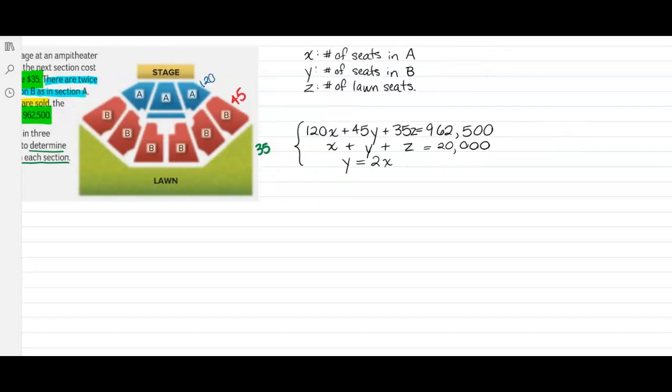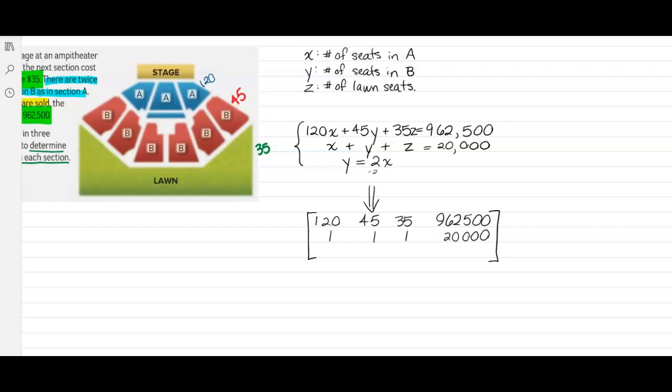Now, if we want to put this into a matrix, we're going to need to move things around in this third equation. The first one's pretty straightforward. 120, 45, 35, 962,500. The second one's pretty straightforward. 1, 1, 1, 20,000. But in this last equation, I need x on the left.